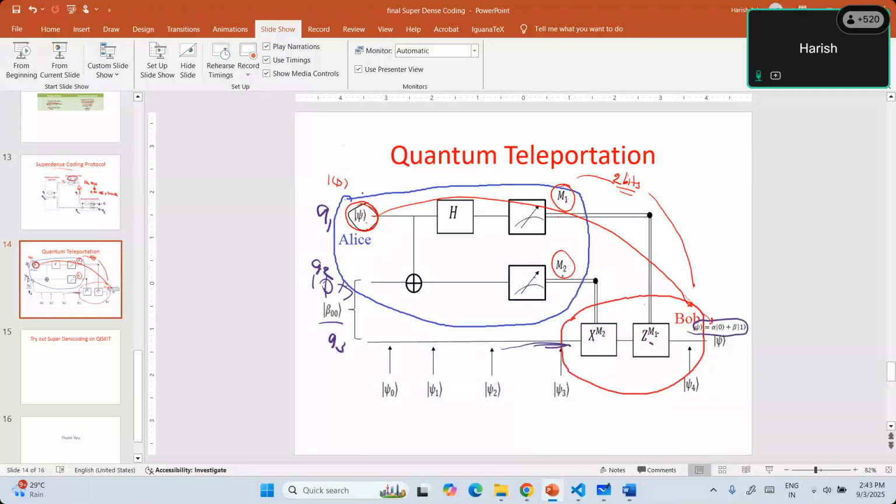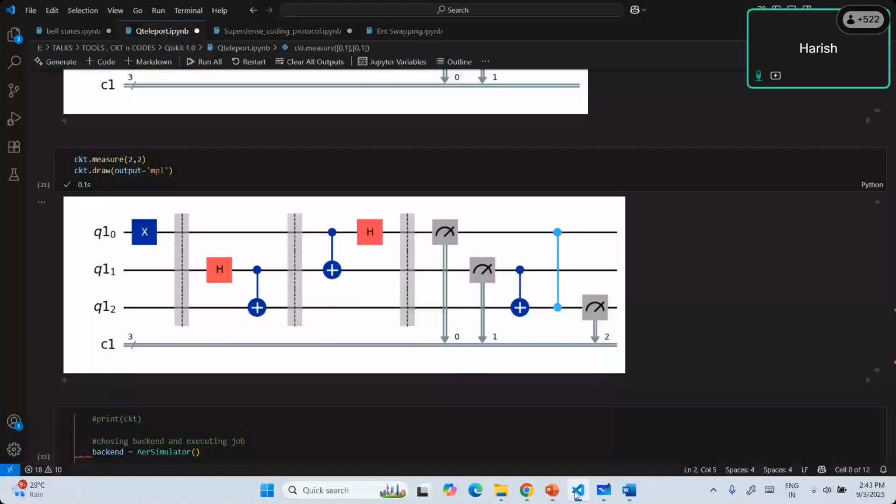So we are showing the same protocol with this similar implementation. Initially Alice has qubit 1, which we initialize with 1, so we apply the NOT gate, which makes it 1. This is the Bell pair we have created, and these are the operations performed by Alice, because Alice has the first and second qubit with her.